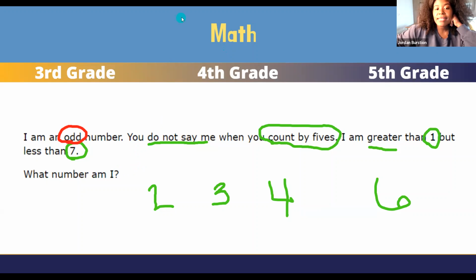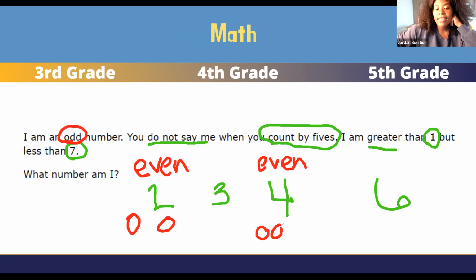So 2 is an even number. Let me go and get my marker. 2 is an even number because if we had 2 cookies, I would get 1 and you would get 1. So that's even. 4 is an even number because if we had 4 cookies, I would get 2 and you would get 2.